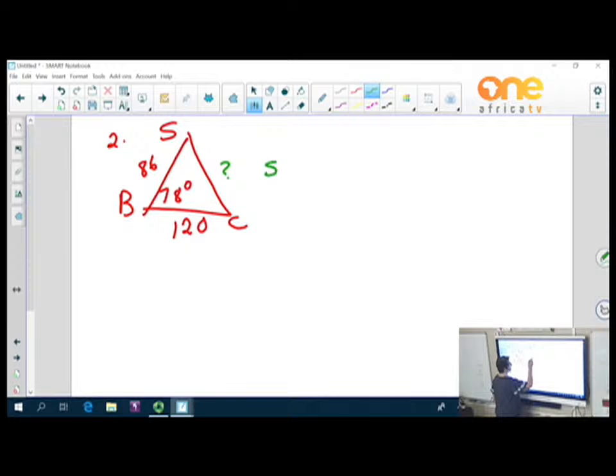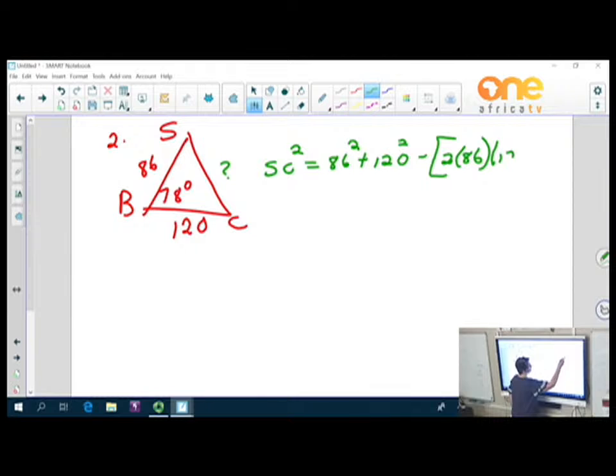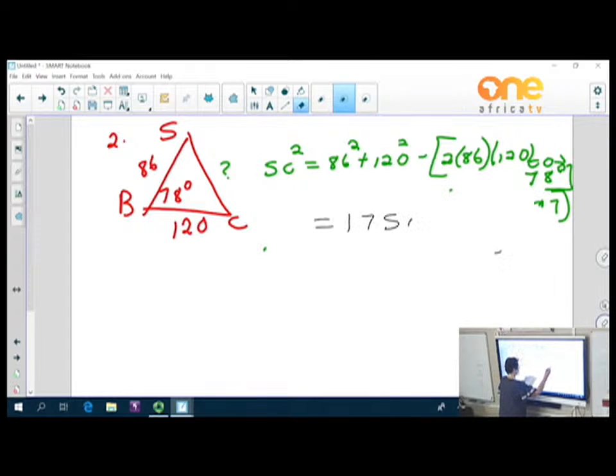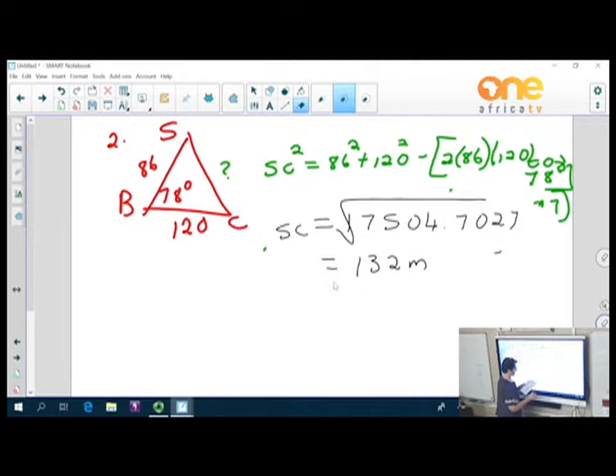So that means that SC squared is equal to 86 squared plus 120 squared minus 2 times 86 times 120 cosine, and now we use this angle here, then you have 17504.7027. If we get the square root of that now to get SC, then the answer is 132 meters there for that one.